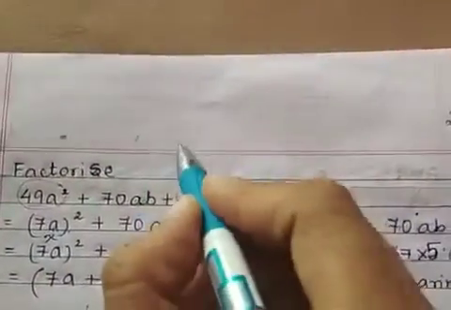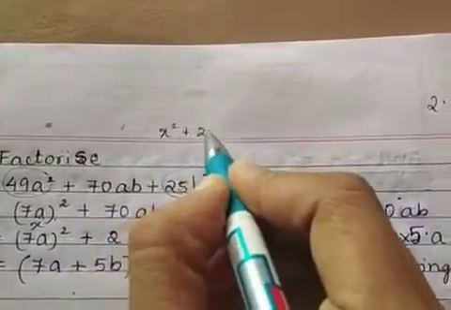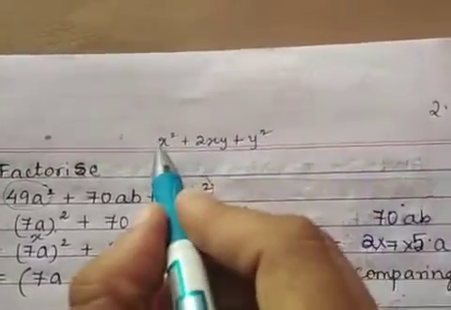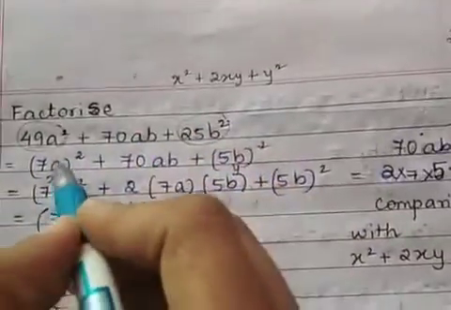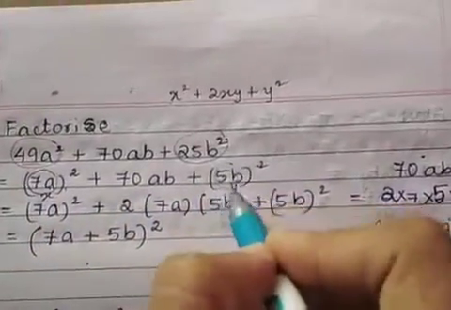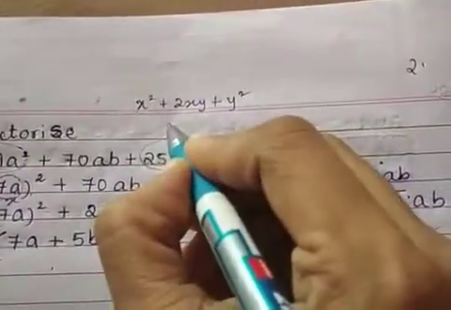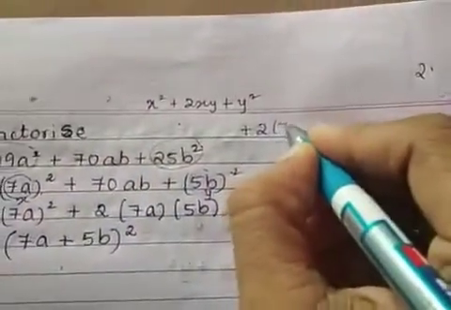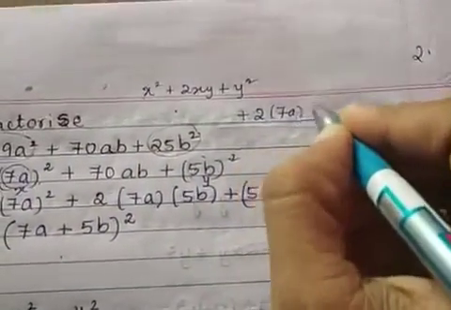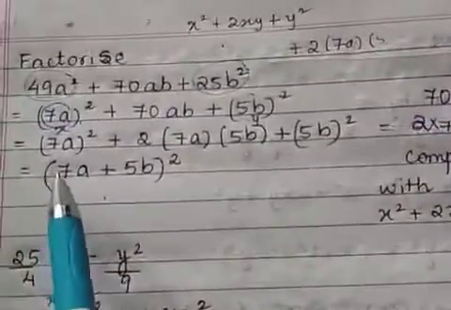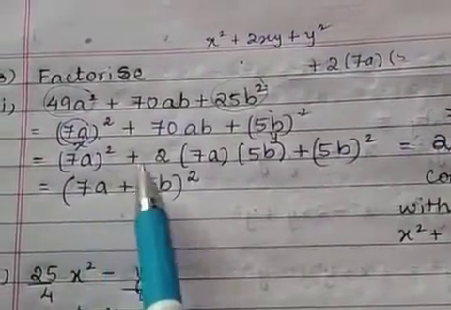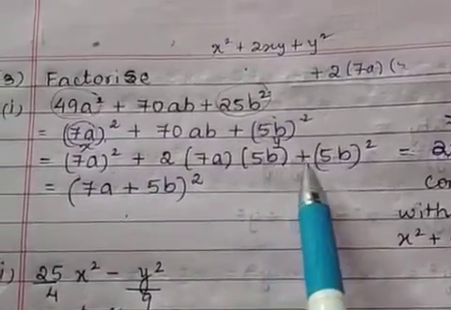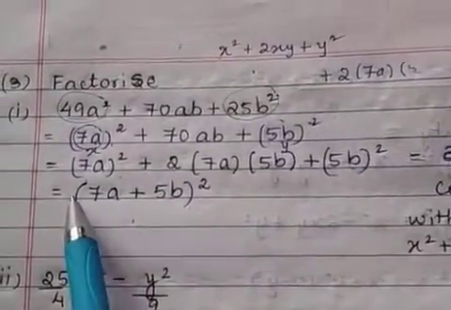It is of the form x² + 2xy + y². Here x is 7a and y is 5b. So what should come in between? It should be plus 2. So it will be (7a)² + 2(7a)(5b) + (5b)², and you get this here.